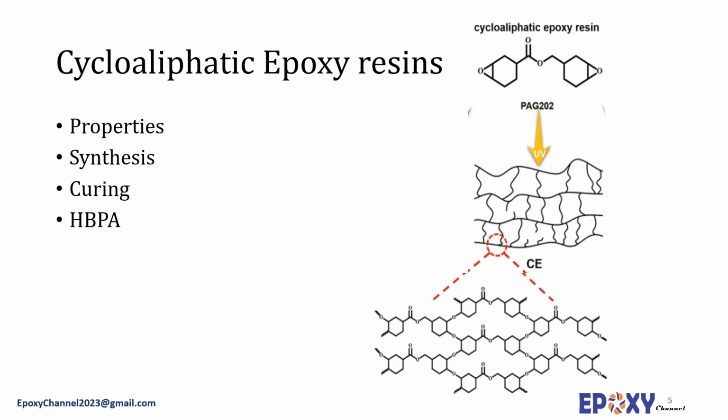It also has a slightly higher modulus, higher impact resistance, improved dimensional stability at elevated temperature, and higher thermal stability with an initial degradation temperature of greater than 305 centigrade. HBPA, or hydrogenated bisphenol A epoxy resin, stands for the hydrogenated bisphenol A. These are used in particular applications when, for example, a very high yellowing resistance is required.